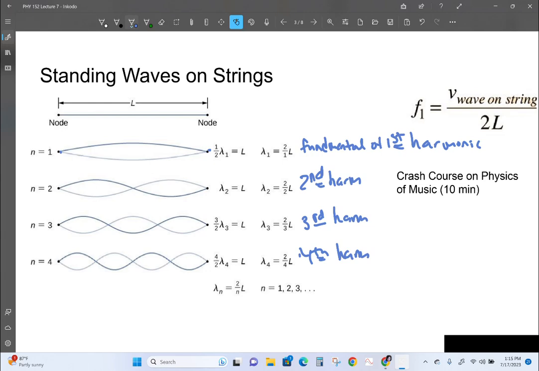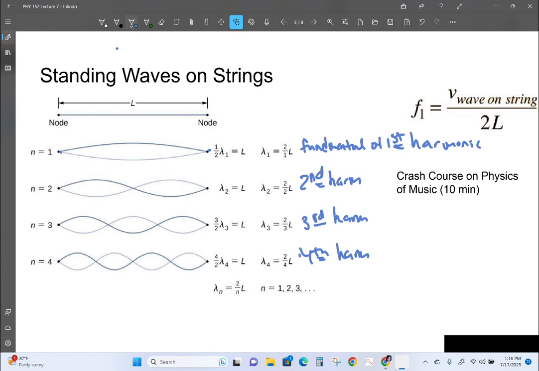You could not have something that looks like this, because the side is tied off, and so it has to form a node there. So the second harmonic has two antinodes, the third has three antinodes, the fourth has four antinodes, and so forth.